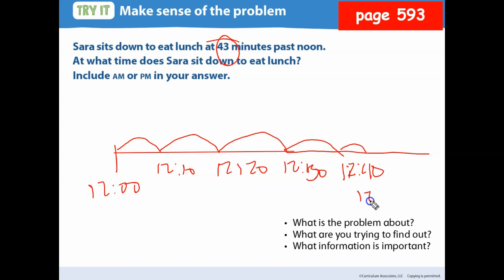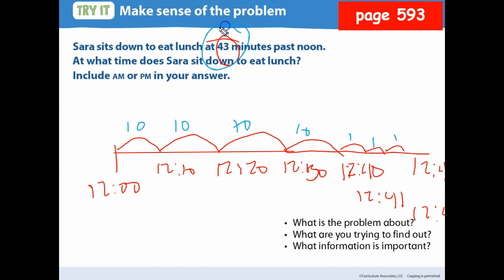That gives me 12:41. Another minute, 12:42. And another minute. That gives me 12:43. So here I had 10, 20, 30, 40, 41, 42, 43.